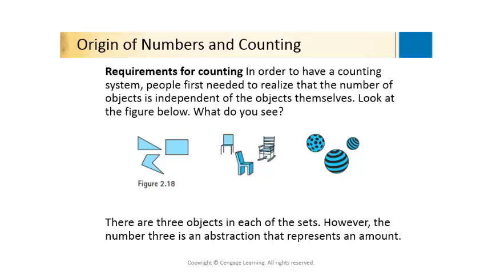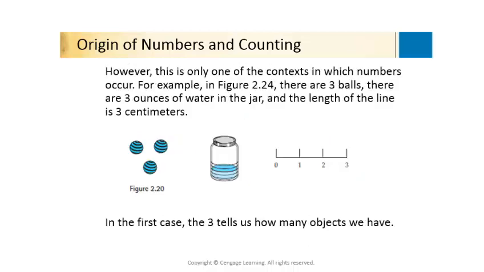Now, as we think about counting things, we can imagine it to be things in a set. We have a set of shapes, we have a set of chairs, we have a set of balls, but within each of those sets would be three items or three elements. And we're talking about things in the abstract, and for some students that's very difficult, so that's why we bring in visuals and manipulatives to try to help those students.